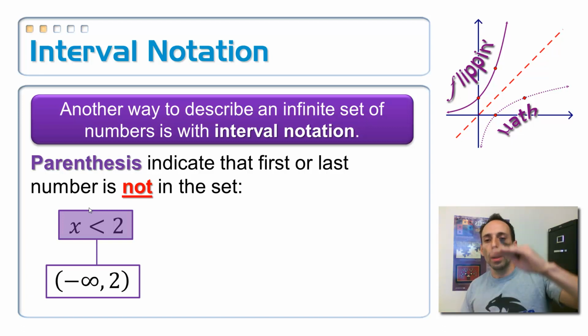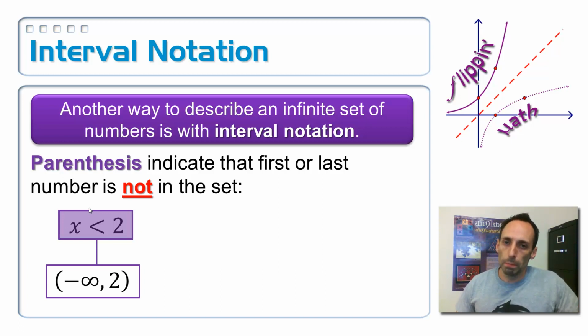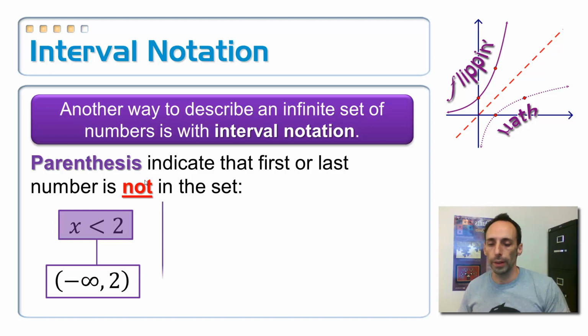And then a comma, and then the biggest number that's in there, and that's 2. And that 2 gets a parenthesis because there's no equal to sign underneath that less than. It looks kind of like an ordered pair, with the parentheses, but you'd never have infinity in an ordered pair. That'd be silly.